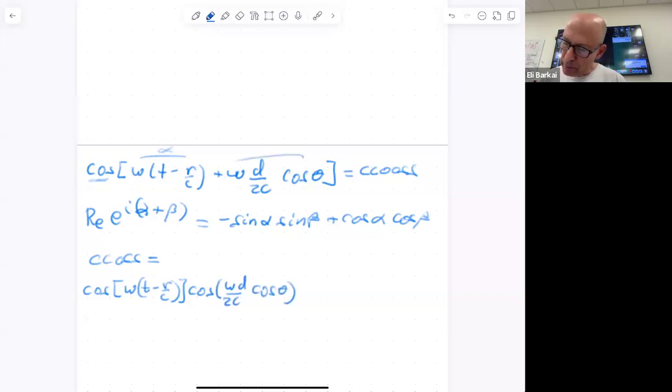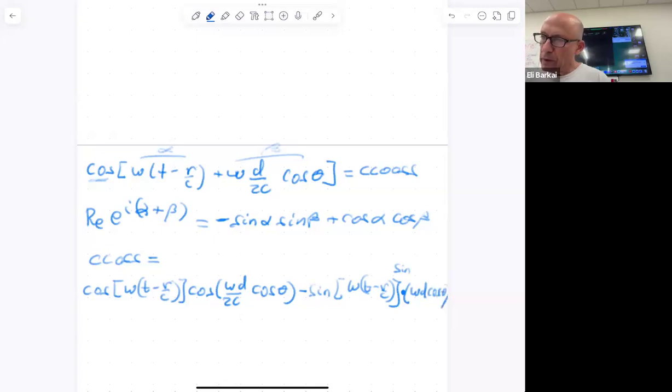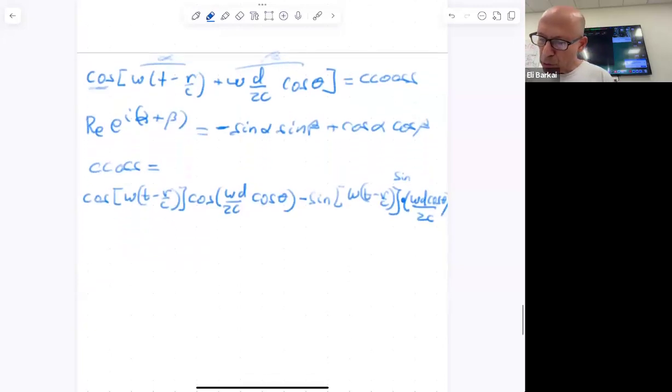This is my beta here. Then I need to subtract sine of omega t minus r over c multiplied by, this is multiplication, oh, I'm so sorry, sine of omega d cosine theta divided by 2c. You love physics, don't you?